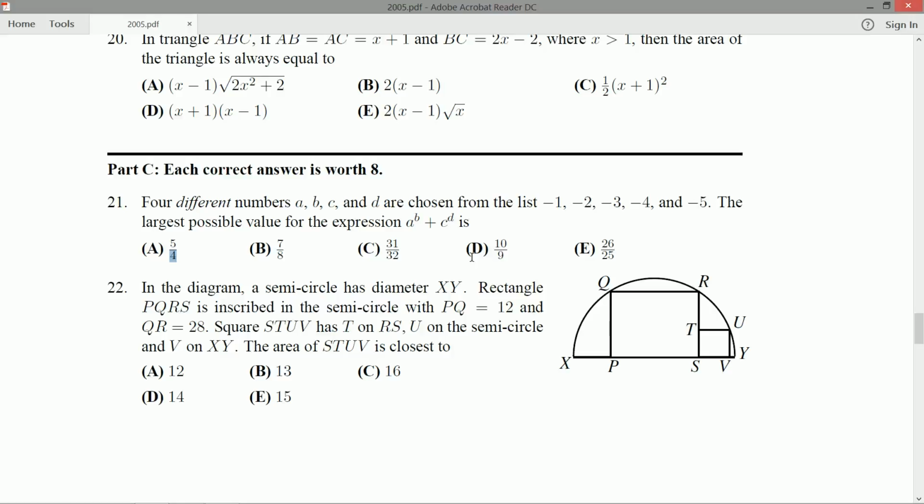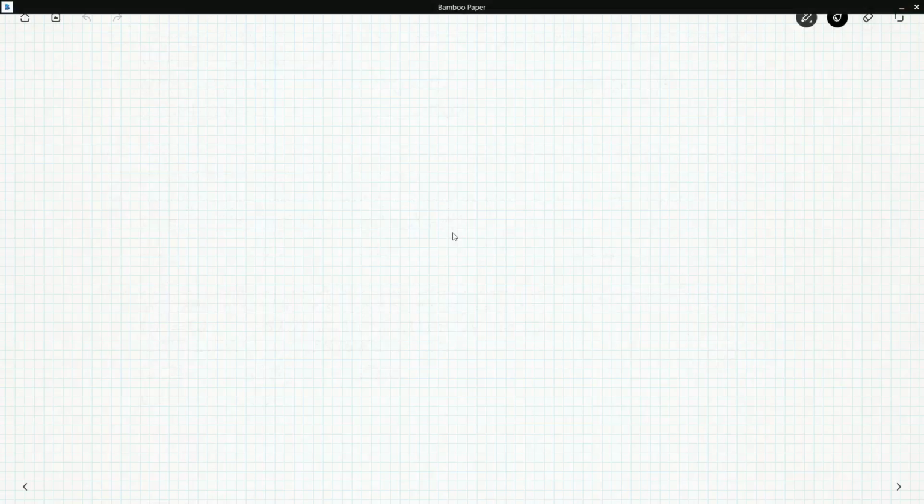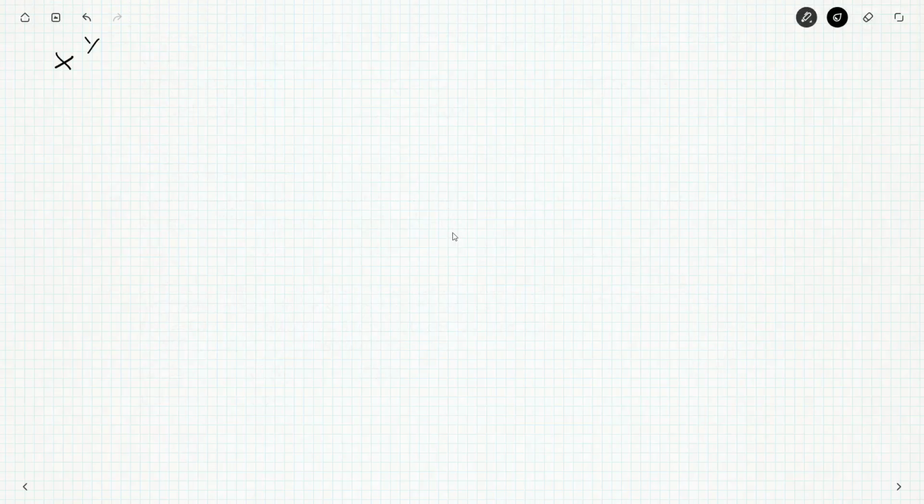This isn't the easiest question to work with, because you sort of have to choose your 4 numbers and then choose how they are going to fit into this arrangement. So let's take a look at something like x to the y, because we want to make things as big as possible, right?